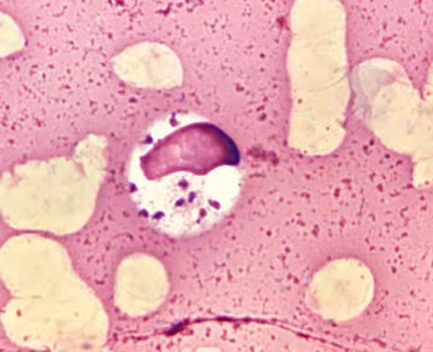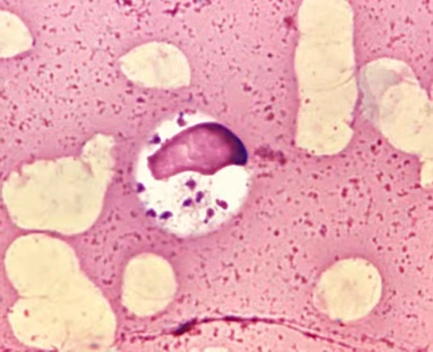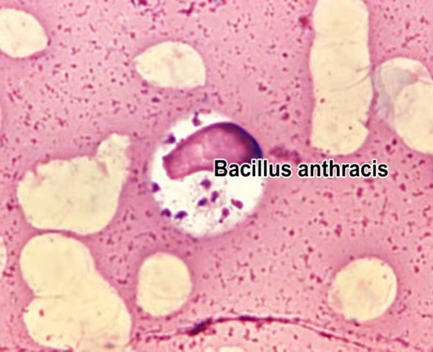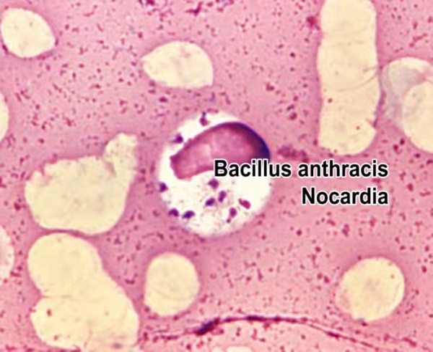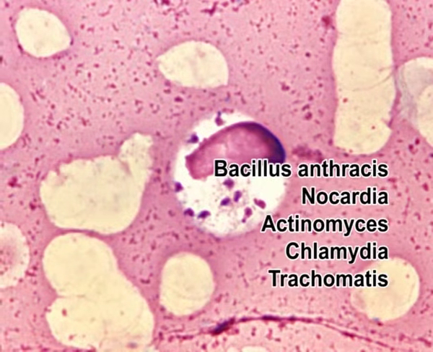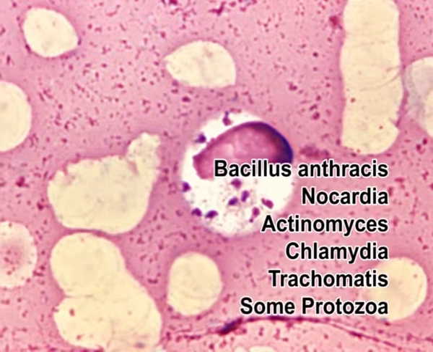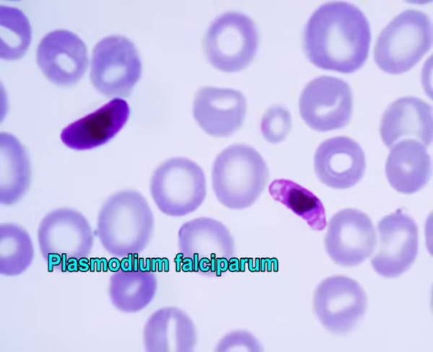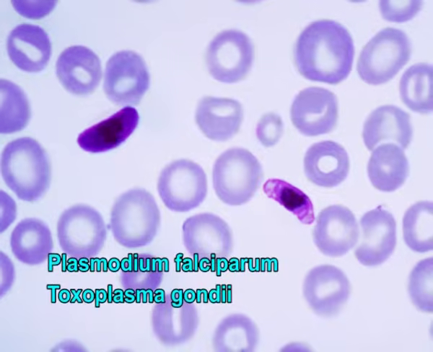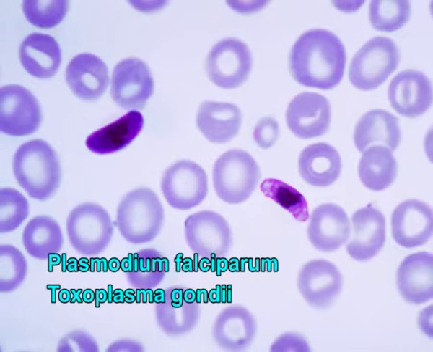Other than gram-positive and gram-negative organisms, the susceptible organisms are Bacillus anthracis, Nocardia, Actinomycetes, Chlamydia, Trichomonas and some protozoa. Plasmodium falciparum and Toxoplasma gondii are also susceptible to the sulfonamides.